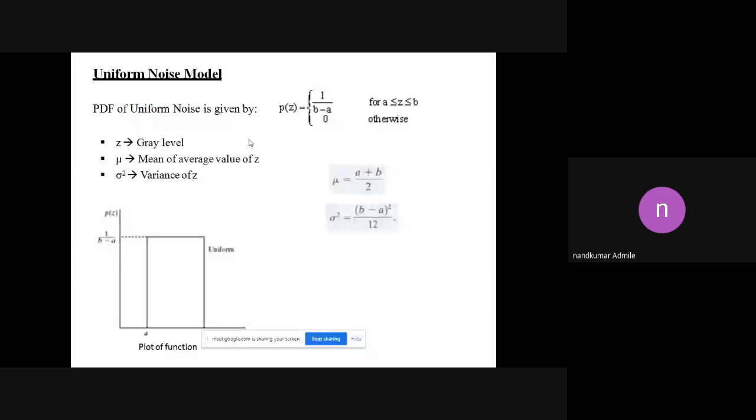Can anyone tell why we call it a uniform noise model? Anyone? Hello.